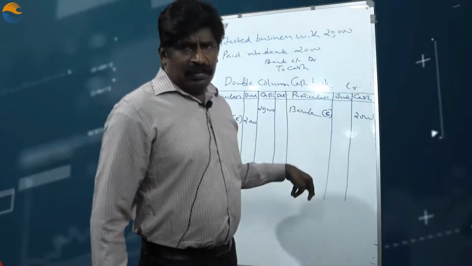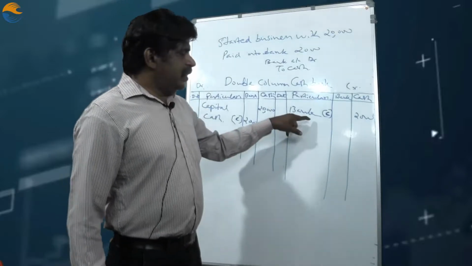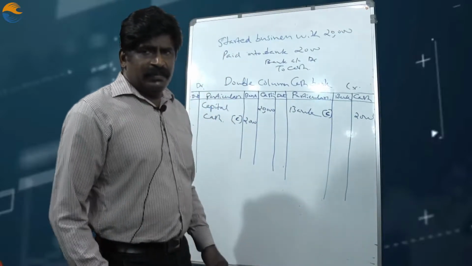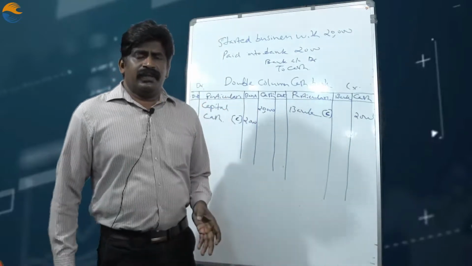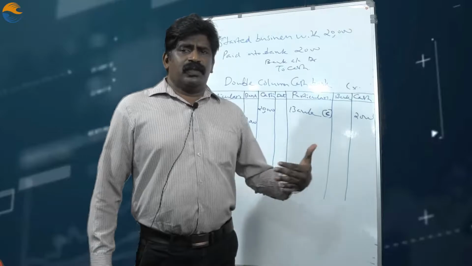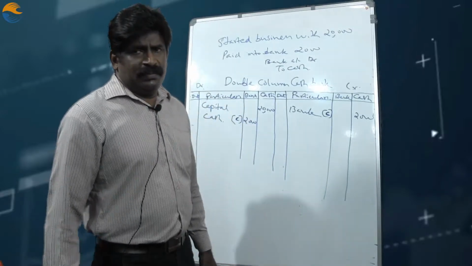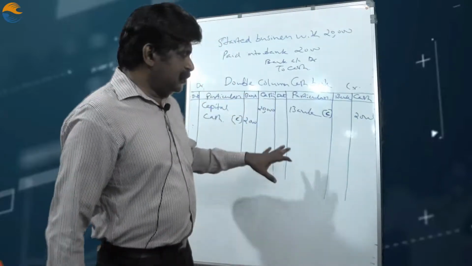If you draw the ledger folio column on both sides, a transaction that affects both columns, cash and bank, should be written like this.